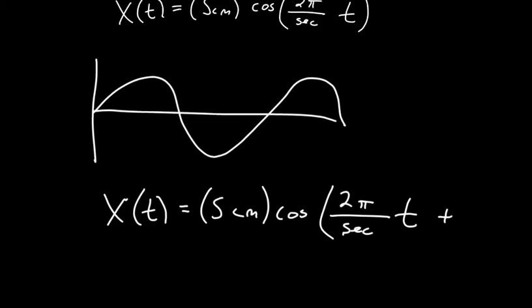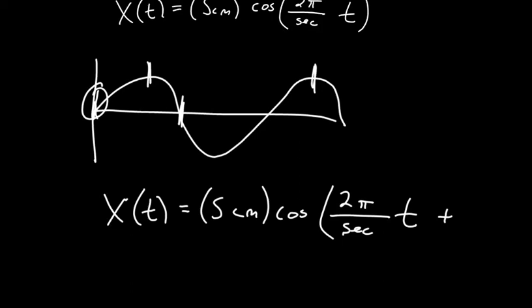So on this one, cosine starts at a maximum value, so cosine would start right here or right here. This one we're starting at a value of 0, so I'm shifted over by a quarter of a cycle. A quarter of a cycle in terms of radians would be pi over 2. Now if I add pi over 2, what that would do is shift it over so it starts over at this point instead of starting over here.